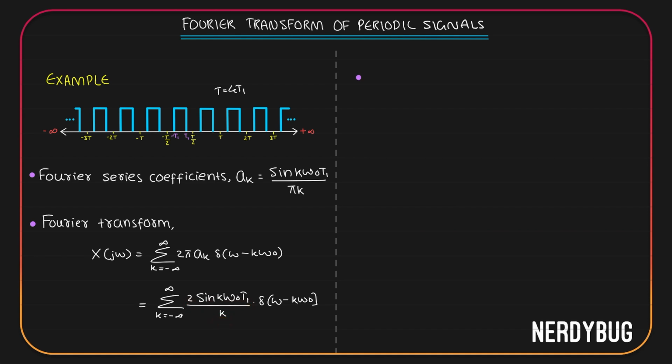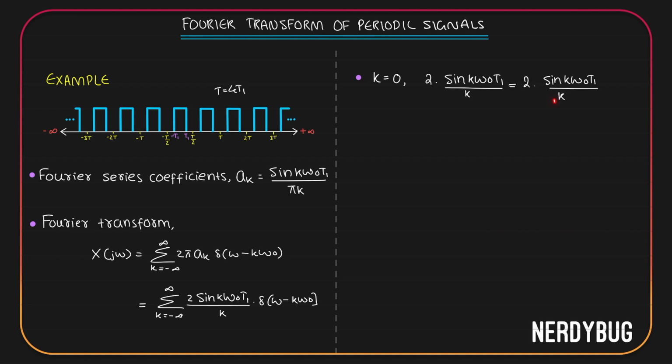Let us try to find out the value of x of j omega for k equals 0. So this becomes 2 times sine k omega naught T1 divided by k. Again, if you give k equal to 0, numerator has 0, denominator has 0. This will be of the form 0 by 0. So we have to make it in the form sine theta by theta and apply limit. So we can write 2 times sine k omega naught T1 divided by k.